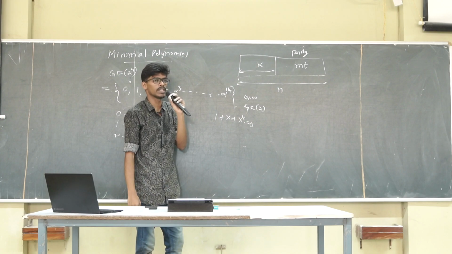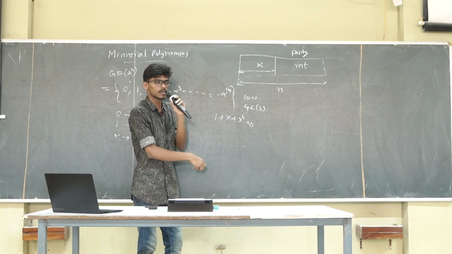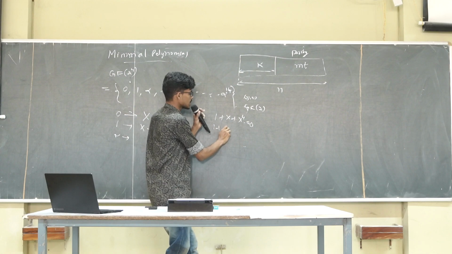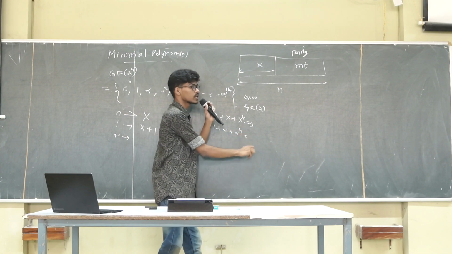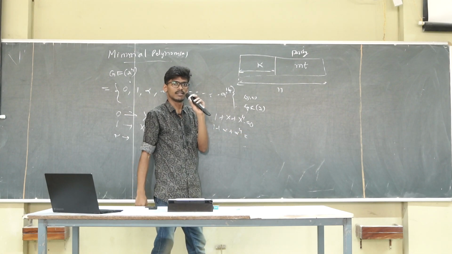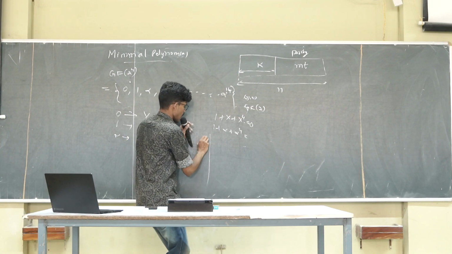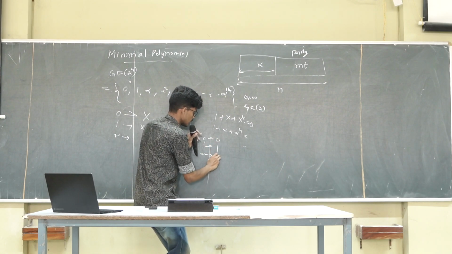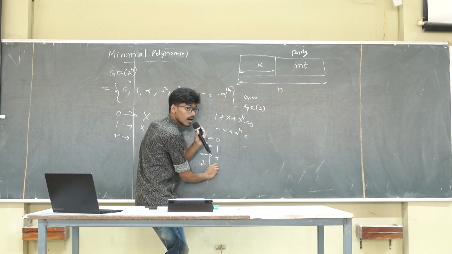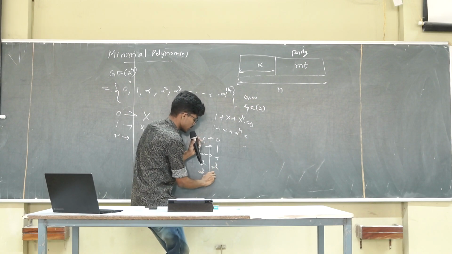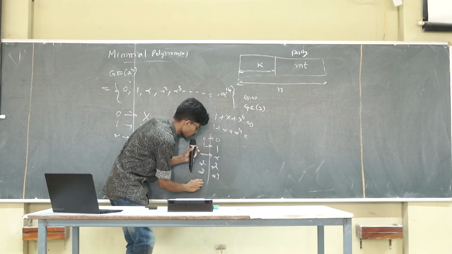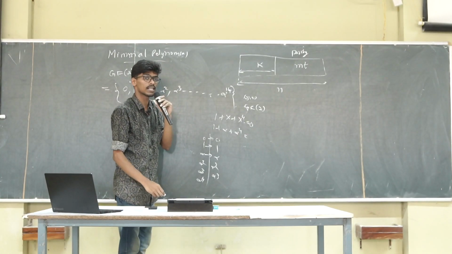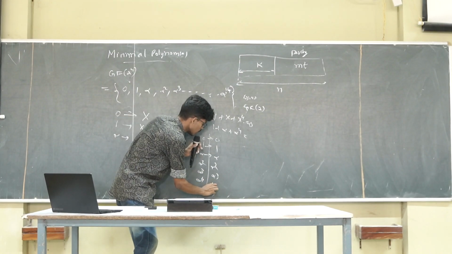How to check whether it is a primitive polynomial or not? Substitute alpha. Is 1 plus alpha to the power 4 equal to 0 or not? Are you sure? Can we check? From the n-tuple representation: 1, alpha, alpha square, alpha to the power 3, alpha to the power 4 equals 1 plus alpha.